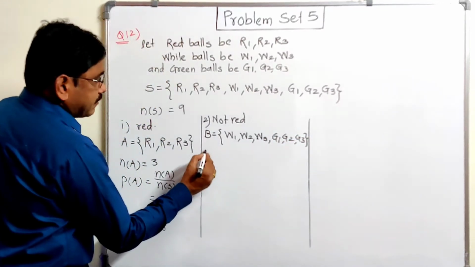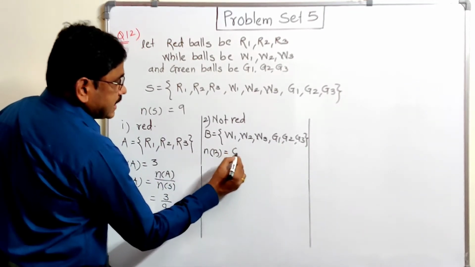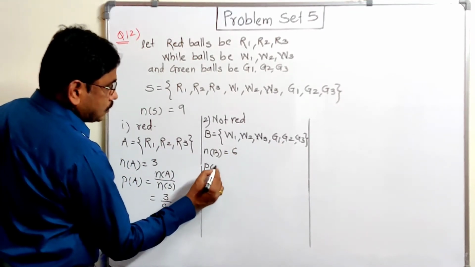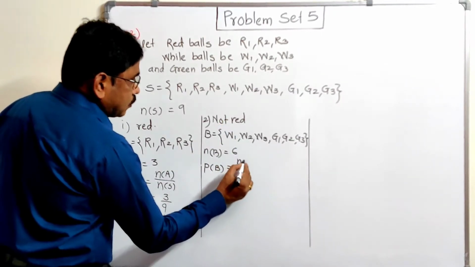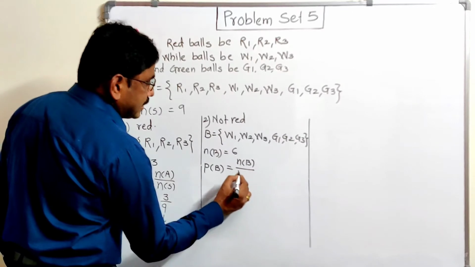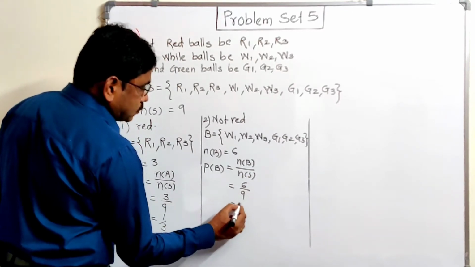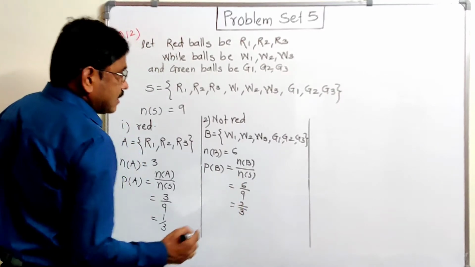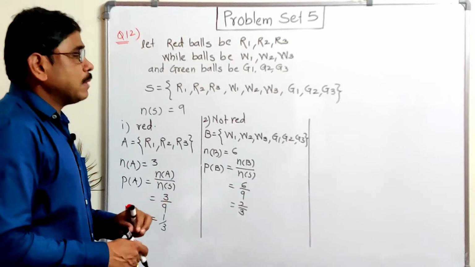So in this way we get number of sample units is equal to 6. Therefore probability of the set that the ball is not red is equal to n(B) divided by n(S). That means 6 divided by 9. So 3 2s are 6 and 3 3s are 9. So the probability that the ball is not red is 2 by 3.